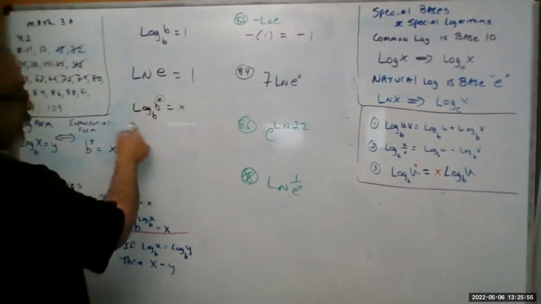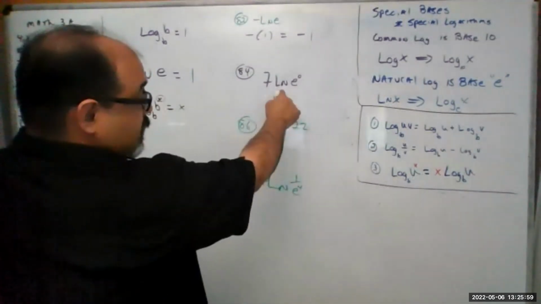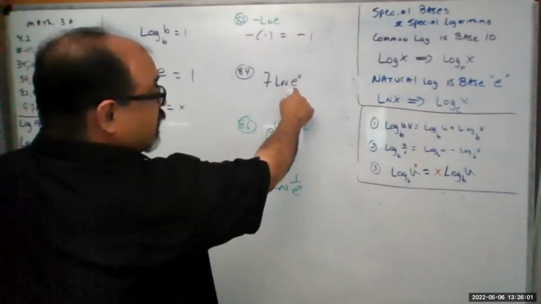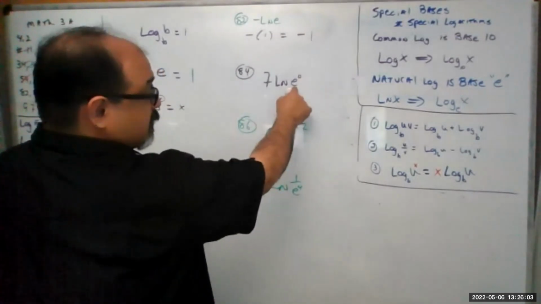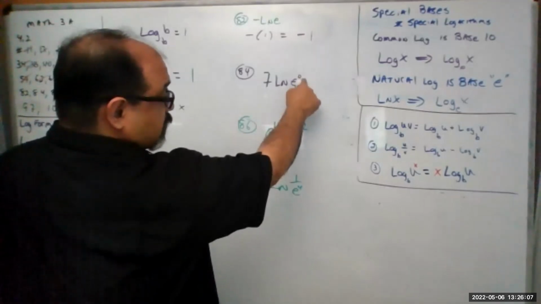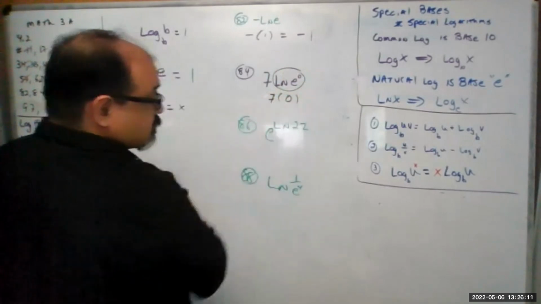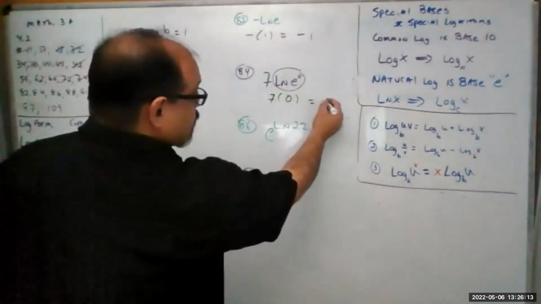So whatever that is, that's the whole thing. Natural log is base e. Inside you have e to the 0, which is base e. So the natural log is going to undo that e exponent. This whole thing is 0. And 7 times 0 is 0.